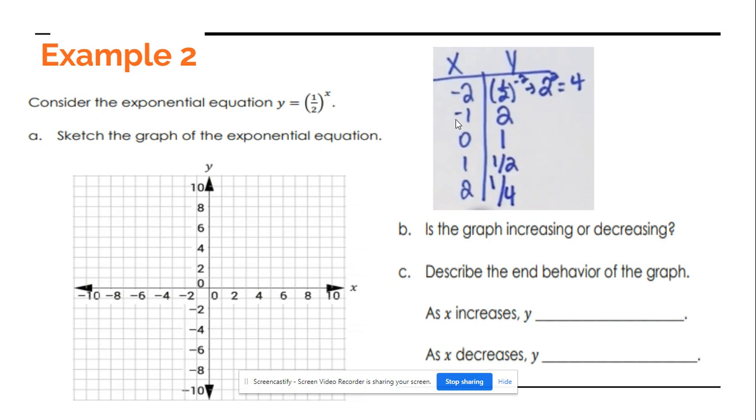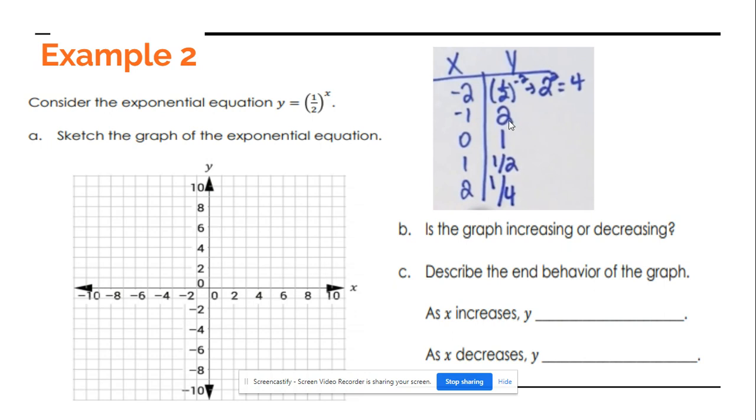Now, you could do one of two things. You could say, okay, I am dividing by 2 or multiplying this value by 1/2. So if I did 4 times 1/2, I'm getting 2.